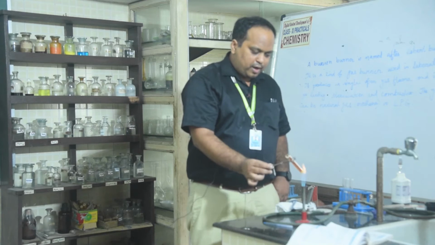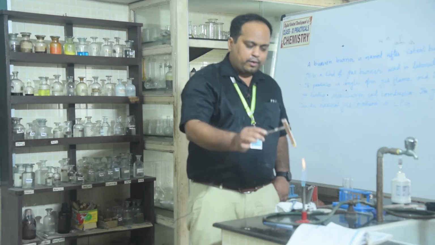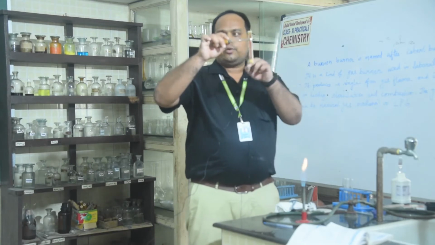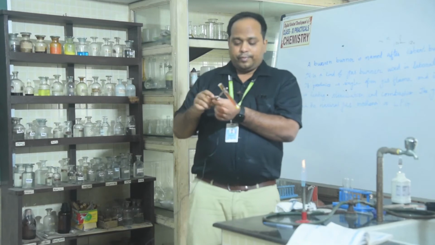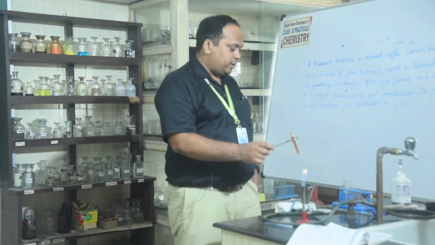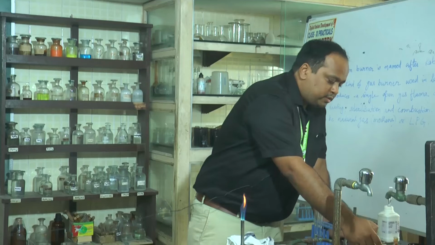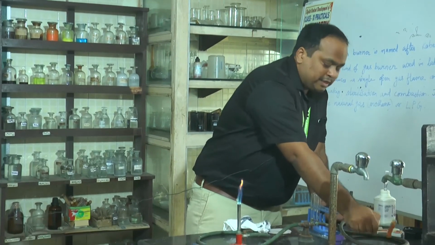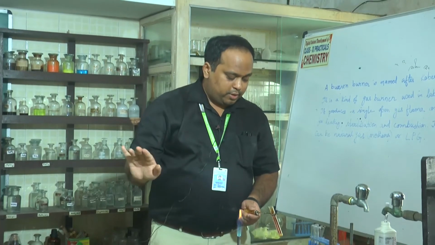Brown fumes mean nitrate or nitrite ion. Got it? Remember it is a nitrate or nitrite ion, and if it decrepitates, the salt has water of crystallization. Got it? So this is your experiment related to dry test tube heating.